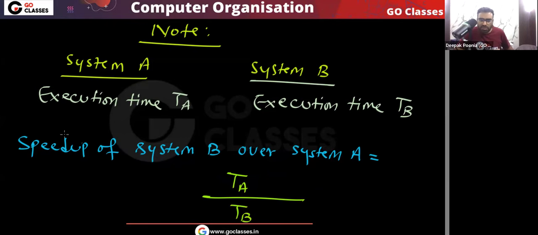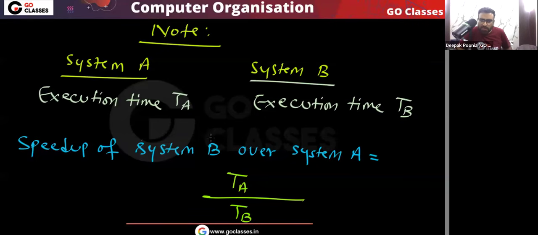Is this clear? And if I ask you the speed up of system A over system B, then on the numerator you will write TB, on the denominator you will write TA. Is this point clear? Let me know.